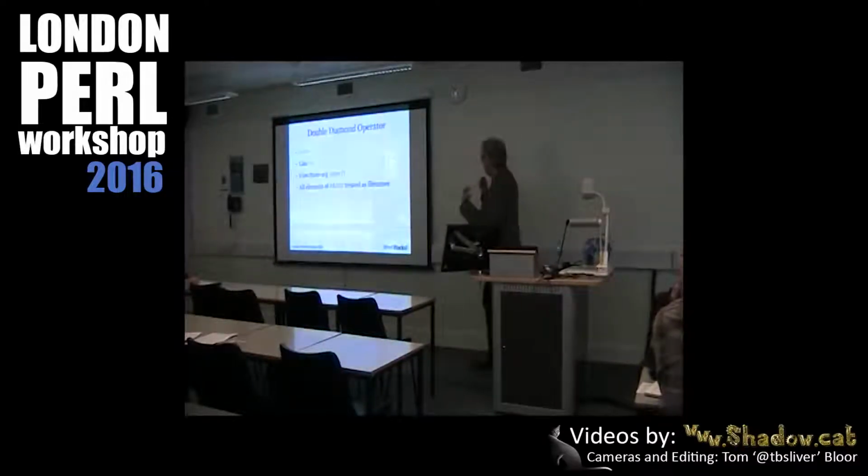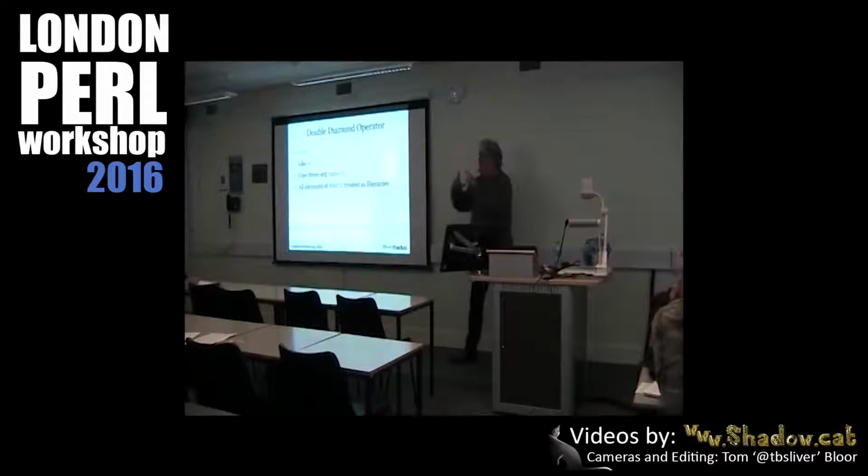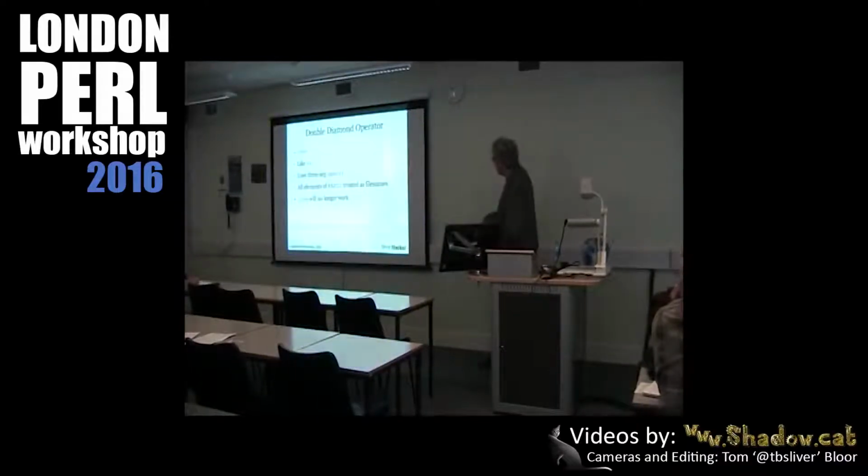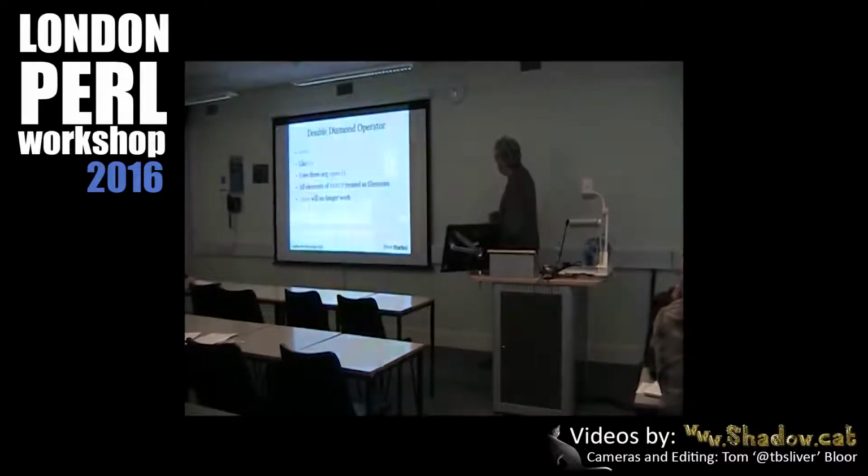So the diamond operator works across all of the file names that you give on the command line, so they're always treated as file names. The side effect is that piping into a process won't work with the double diamond operator, but for any other use it works wonders.